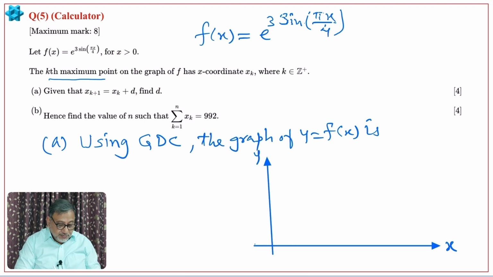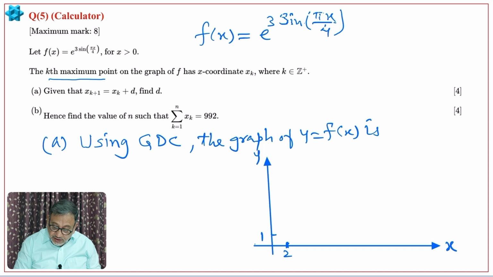This graph, let me find the y-intercept of this graph, because it is touching the y-intercept. So y-intercept is 1. It is starting from 1. Okay, and then going up, let me find the maximum, g solve max. So when x is equal to 2, the maximum value is 20.085, so 20.1 I can write.